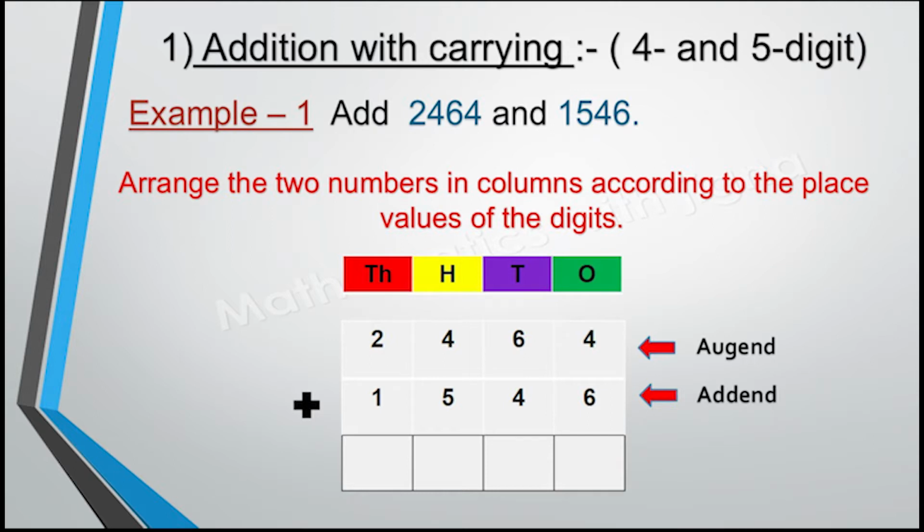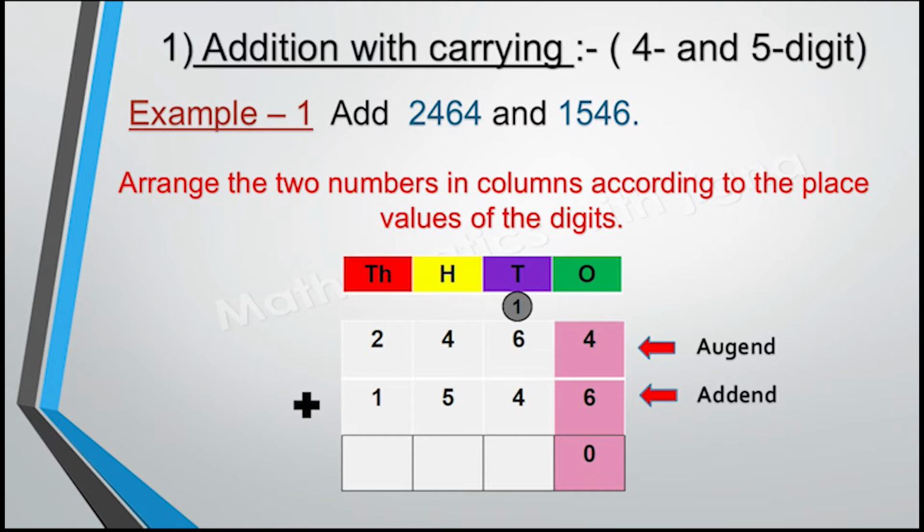So let's start adding the ones. Here add 4 ones and 5 ones, which is equal to 10. Now 10 is a two-digit number and we cannot write a two-digit number at one place. So carry over 10 to the tens column and write 0 at the ones place.